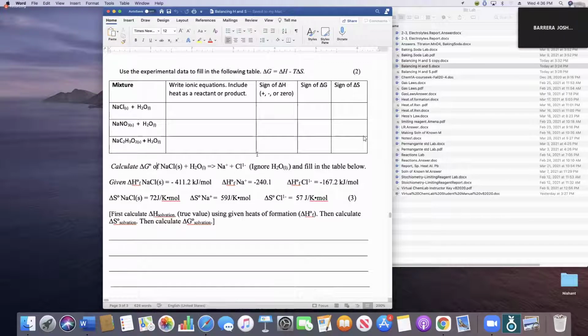For which one? For the first one, for delta H, I got 1.46 joules per mole.